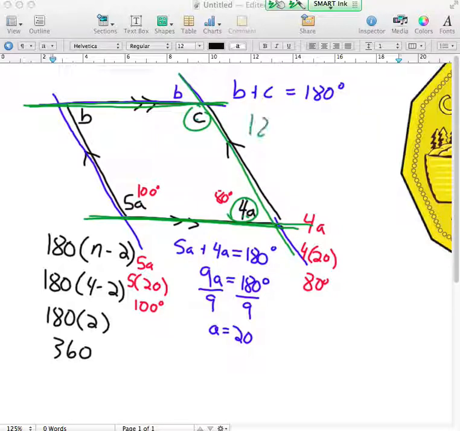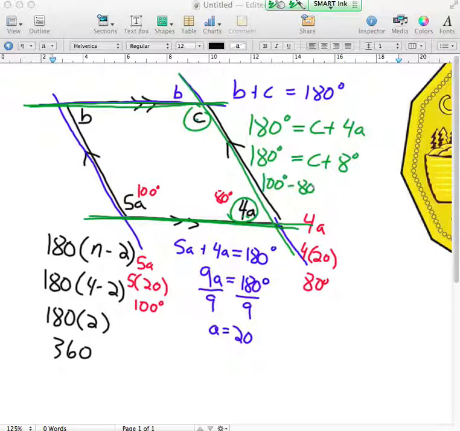So this is just going to be 180 degrees is equal to C plus 4A. 180 degrees is equal to C plus, I already know 4A, it's 80 degrees. That is going to be equal to C. So that's just going to be 100 degrees.